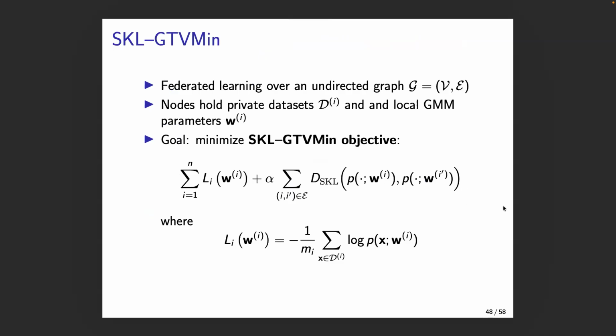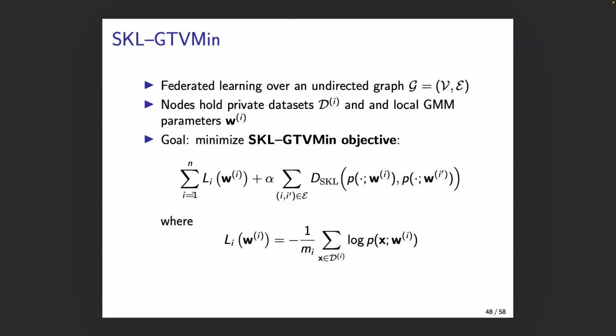Again, we have some graph G with a number of nodes and edges, and these edges are undirected. Each node has a local data set D_i and a local GMM model with parameters W_i. What we want to minimize over the whole graph is, first, the local loss function.